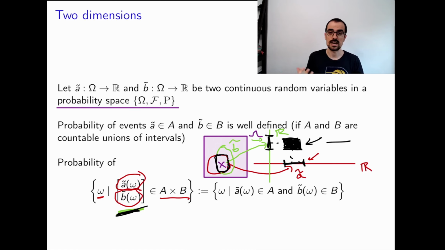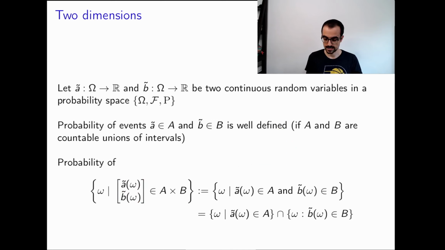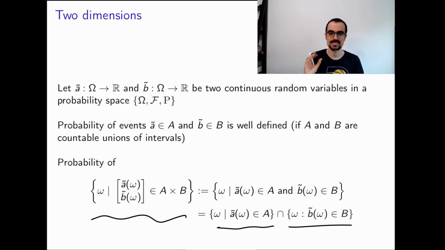And that's essentially how we define the joint distribution of multiple random variables mathematically, by making them share the same underlying probability space. Okay, so now this intersection of the red event and the green event is well defined. It must have a probability assigned in the original probability space.